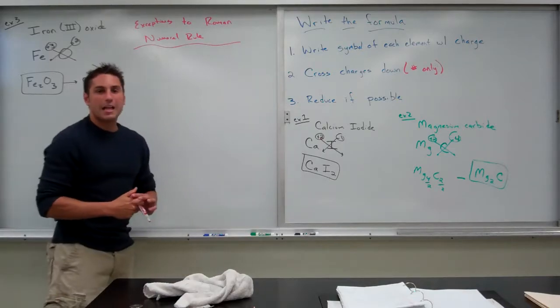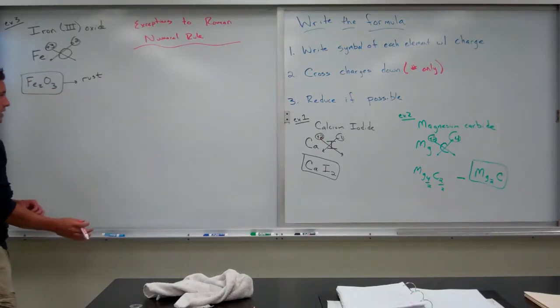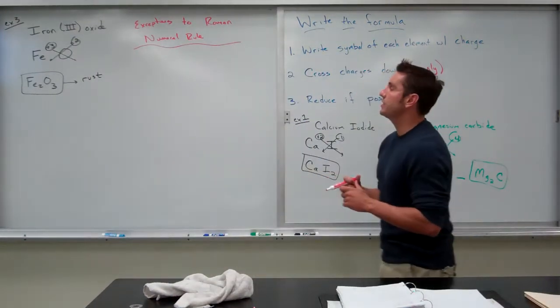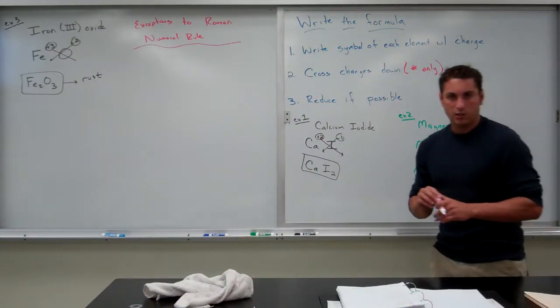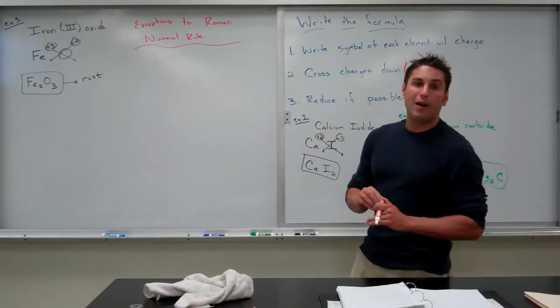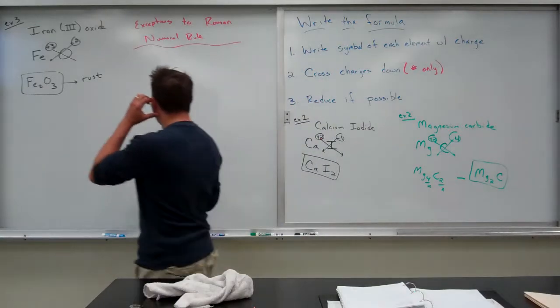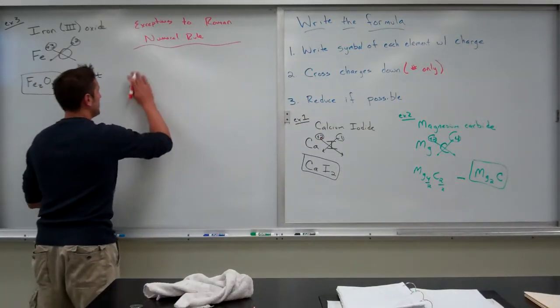And there are some exceptions in both directions. There are a couple elements that are in the Roman numeral section that don't get Roman numerals. And there are a couple elements that shouldn't get Roman numerals that do. So let's go ahead and tackle the Roman numeral ones.